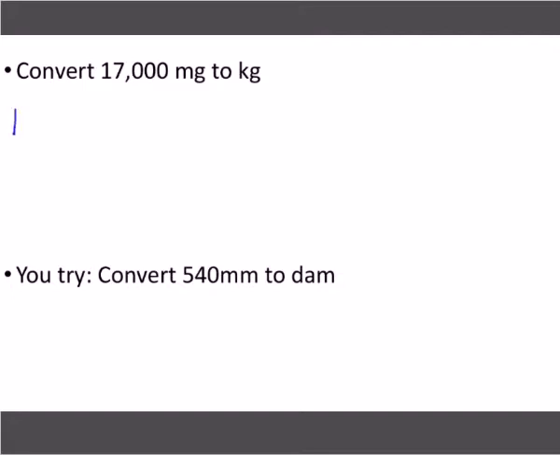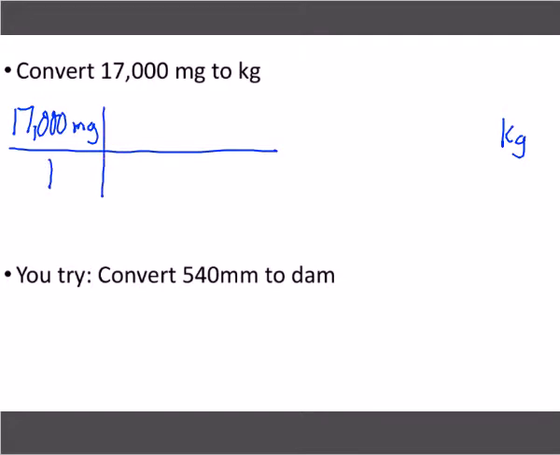Write down your given. I've got 17,000 milligrams, and I'm trying to get to kilograms in the end. Let's set up my T-chart. Put that 1 as a placeholder. Now, if we think about our metric sidewalk, in this problem, I'm starting right here.